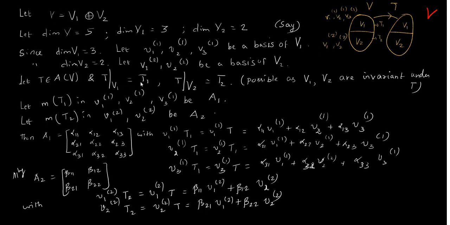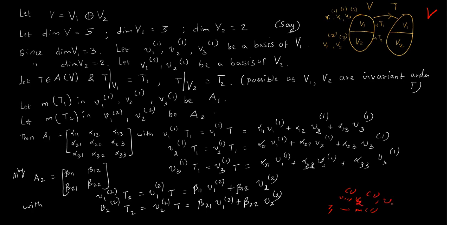Now T restricted to V1, we call it as T1. T restricted to V2, we call it as T2. Now we know that we said already that given the transformation, a matrix can always be associated, and for which of course we must know the basis. What is the basis? So here I have T1 and I have got the basis elements as this.